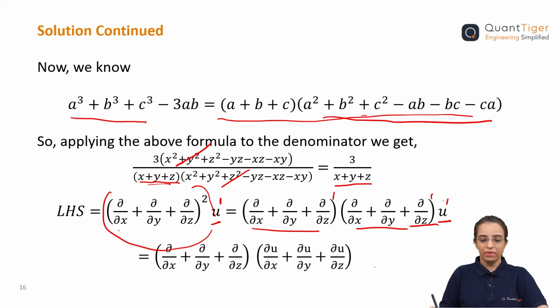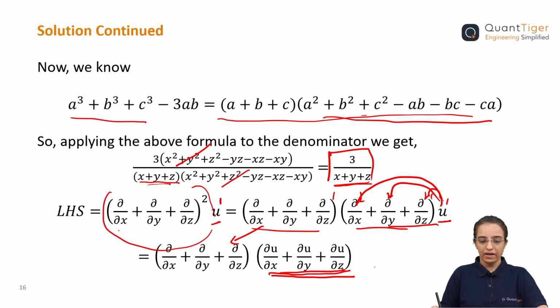Now this u I can multiply in this bracket directly, so multiplying this u with this bracket, I will get del u by del x, del u by del y and del u by del z, which I wrote here in this bracket. This first bracket will be as it is here. Now this value which we found here is nothing but this bracket which we are looking for.